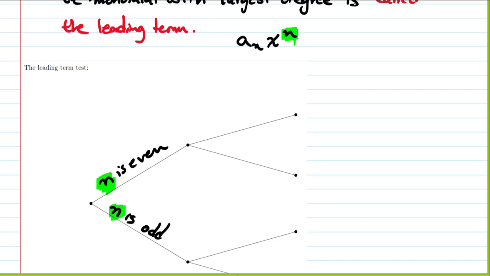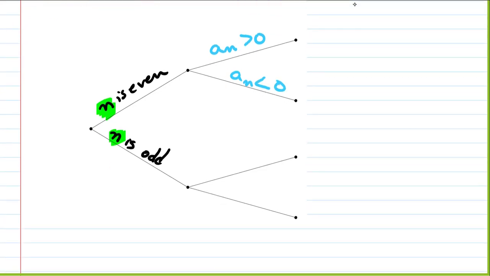The next thing we need to look at is the coefficient a sub n. And then we have two possibilities. If a sub n is positive or a sub n is negative, then we're going to have the same two possibilities down here.